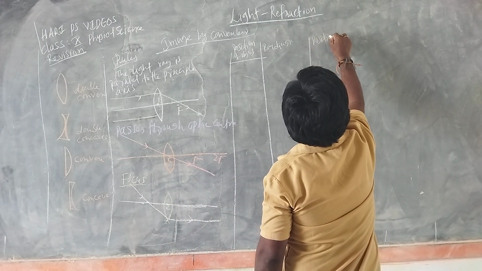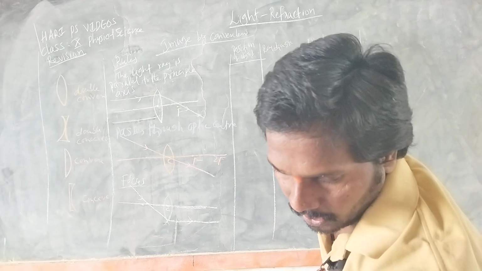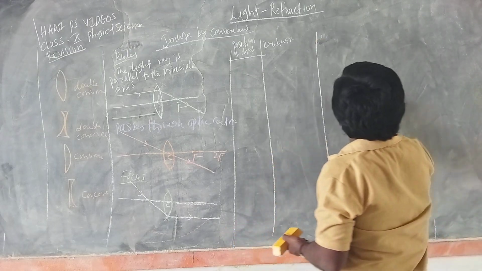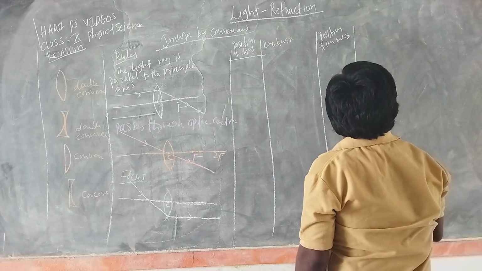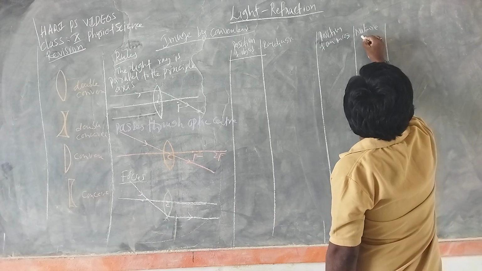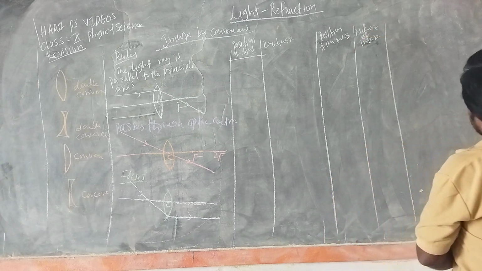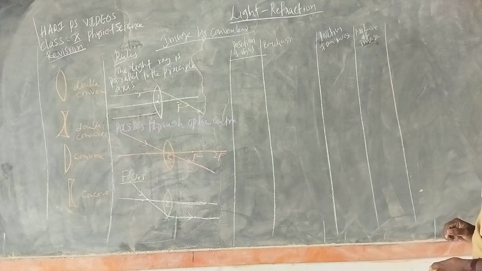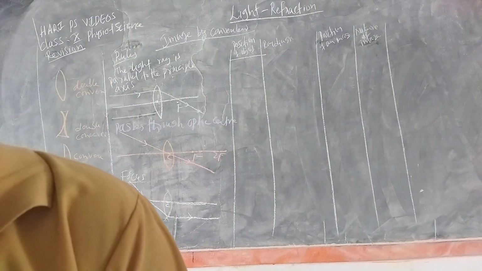Then the position of the image, where the image of an object is formed, the nature of the image, and the characteristics of the image.